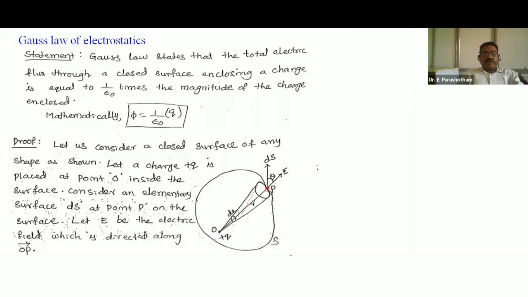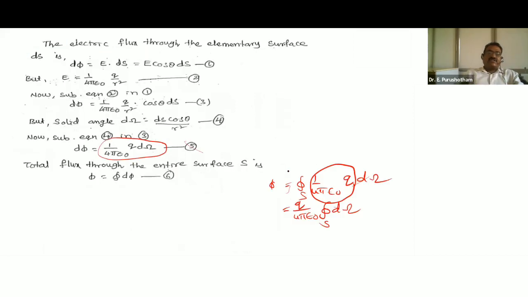So the electric field E is along the OP direction. Then the electric flux formula is dφ is equal to E dot ds.